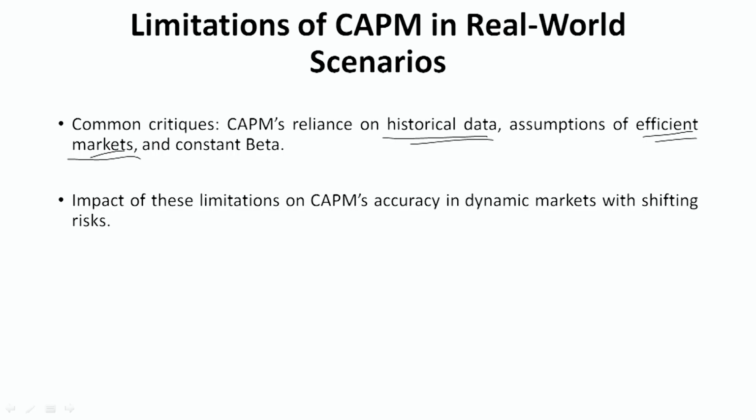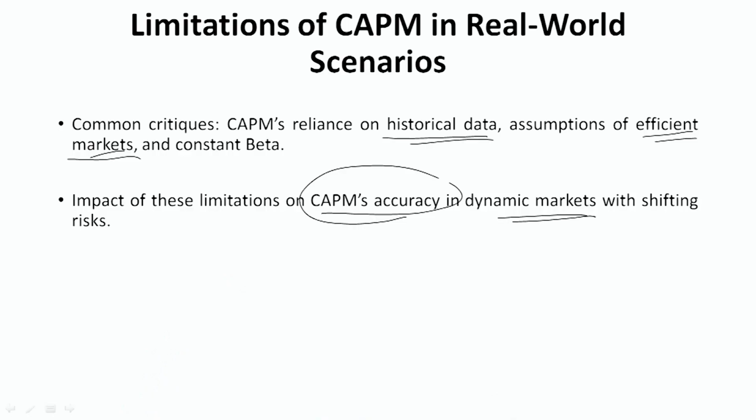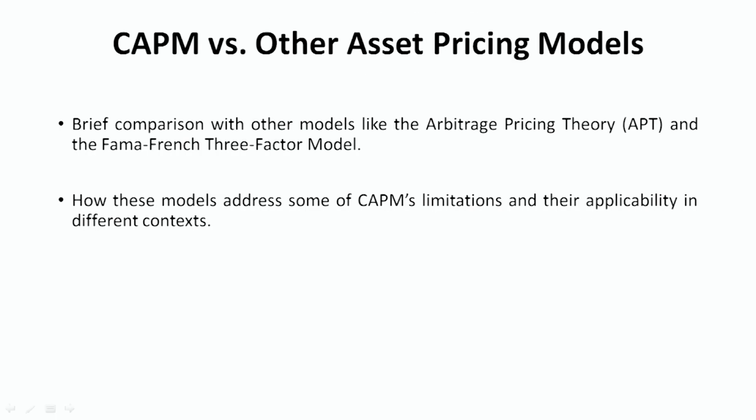The second limitation is in terms of the accuracy of CAPM if the market is dynamic. Dynamic means it changes over a period of time with various information flowing into the markets. If such a situation happens, how is it going to have an impact? There are certain aspects which we will consider as we go ahead in this module, which talk about dynamic markets. Now, what are the other pricing models available in comparison to CAPM?